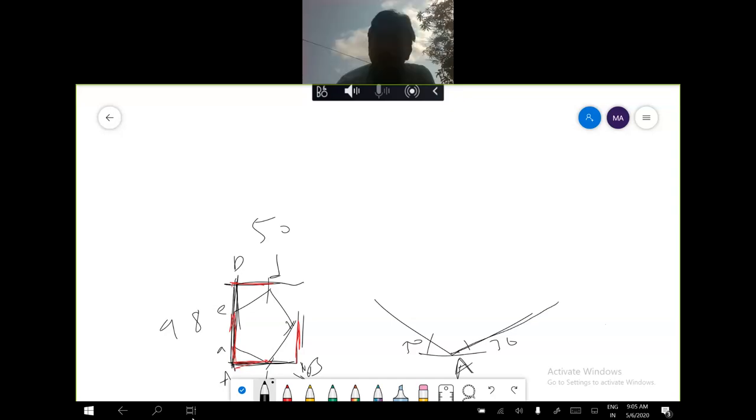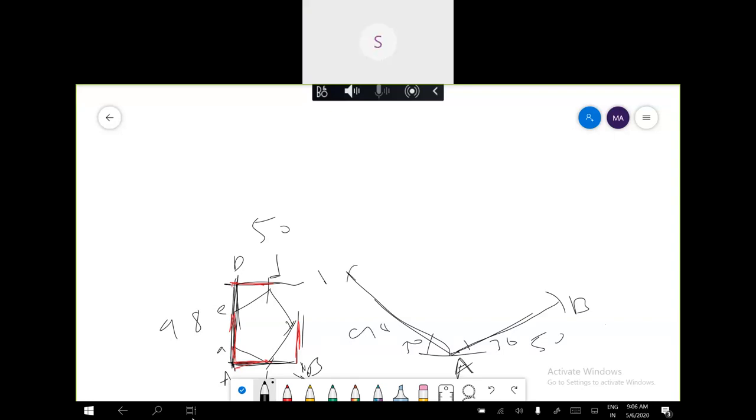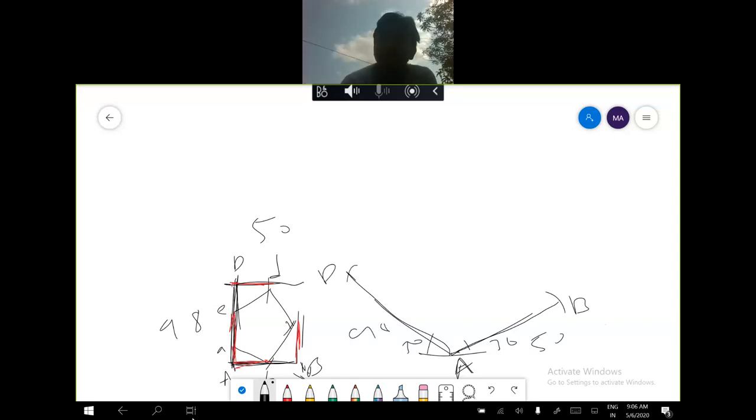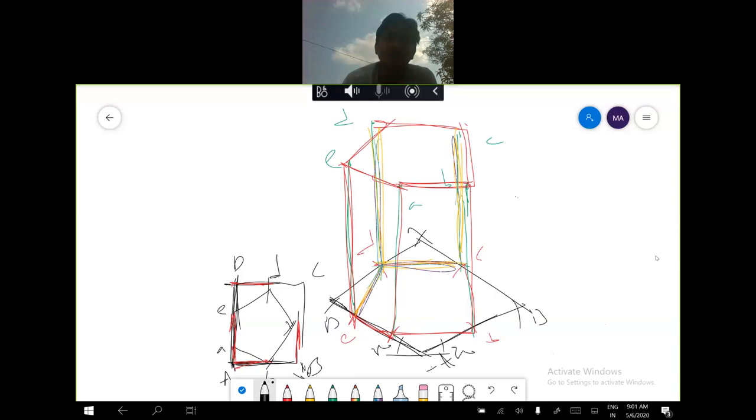From here I will cut 50. Okay, AB. From here I will cut 98. I will get a D. Then from here I will cut again 98. From here I will cut 50. I will get a C point. I am joining this. After that I will measure the distance from A to B.